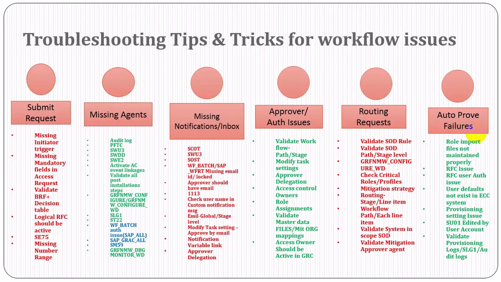So what might be the scenario for auto provisioning failure? This is on a high level. First, initial tips we can say. So the initial tips we can check, and probably we can try to find an appropriate solution with these tips. I'm stopping here. Any questions? We'll go one by one.